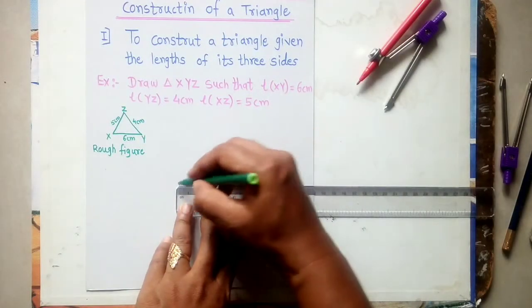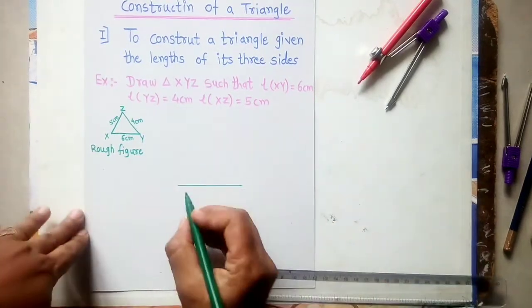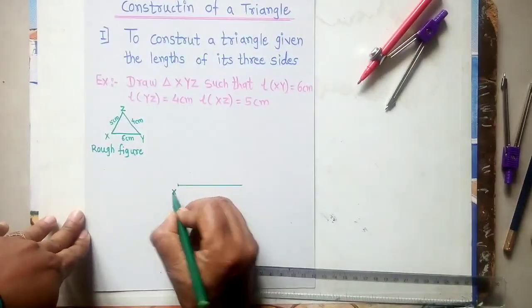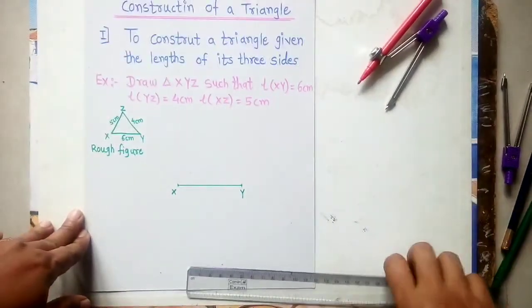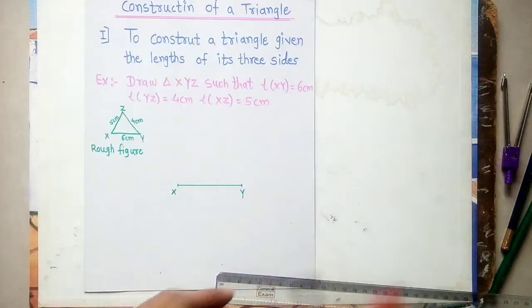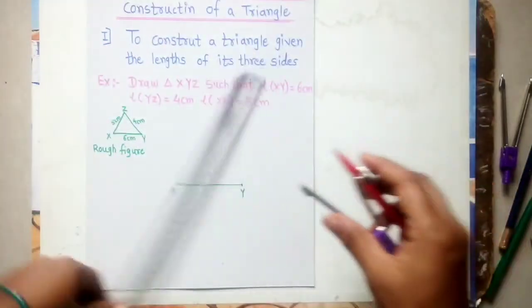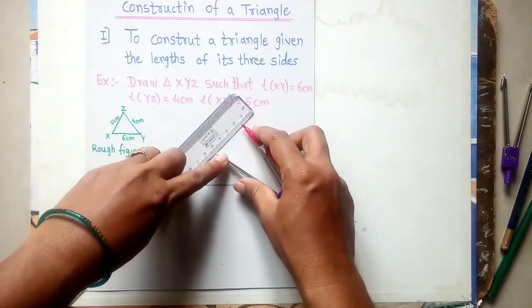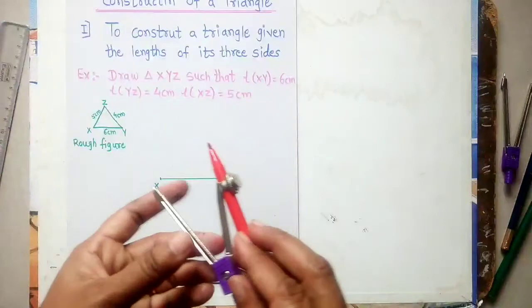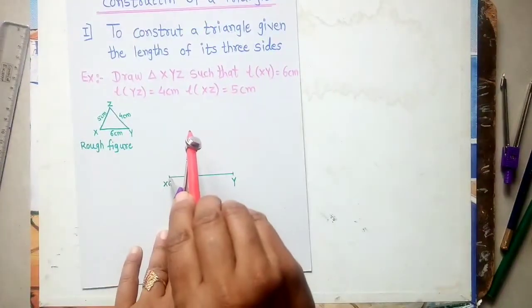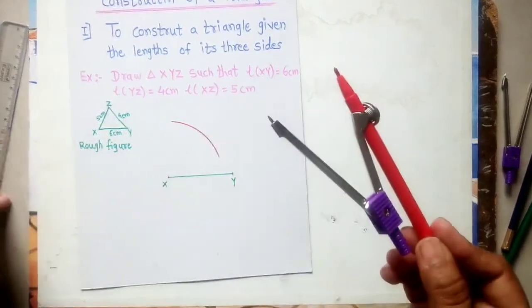Draw XY of 6 cm using a scale. Write points X and Y. The compass was then set to 5 cm, and draw one arc.